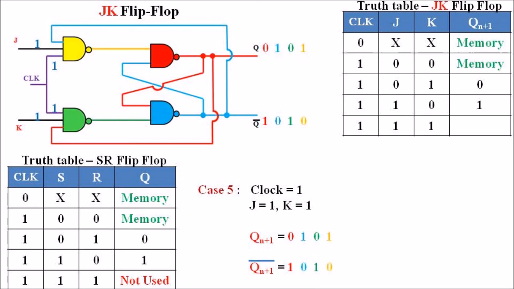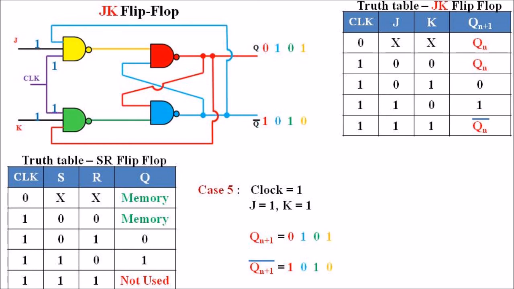So this can be analyzed as: if the clock is equal to 1, J is equal to 1 and K is equal to 1, the condition will result in an output of Qn complement. That is, the previous output value is complemented in the case of J equal to 1, K equal to 1.